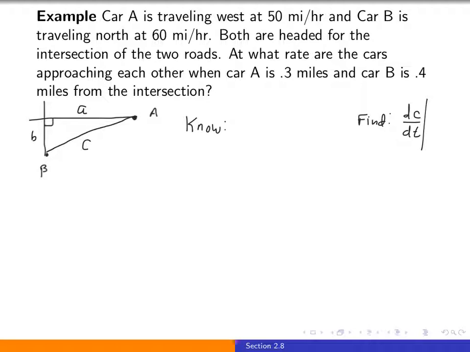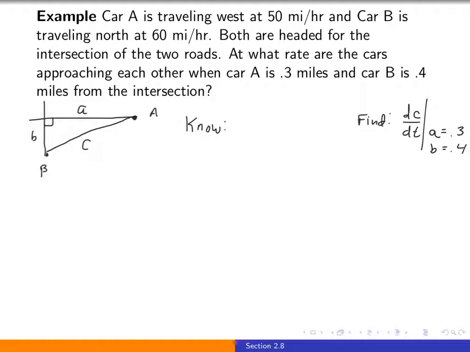We will use little a to represent how far car A is from the intersection, and little b to represent how far car B is from the intersection. So we want to find dc/dt when little a is 0.3 and little b is 0.4. And what rates of change do we know?